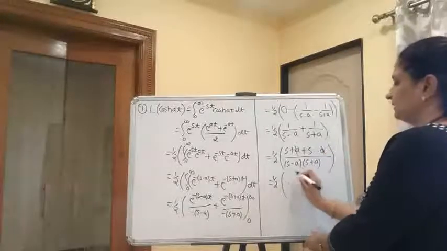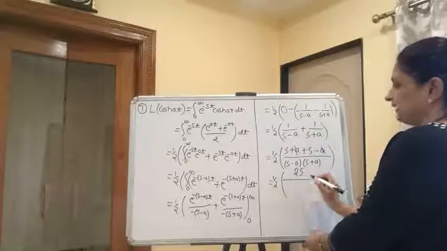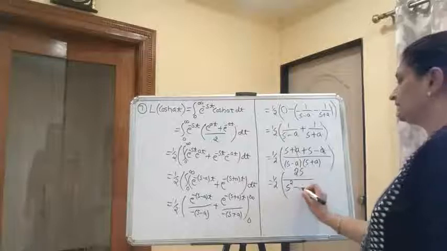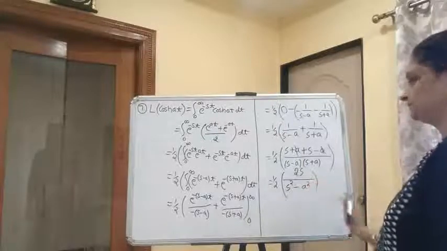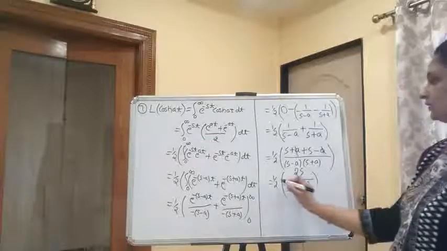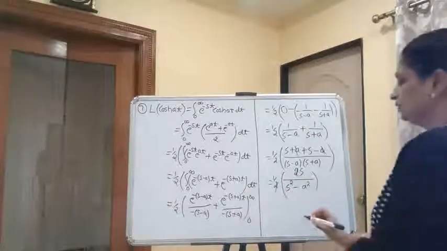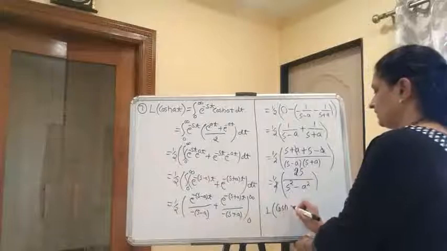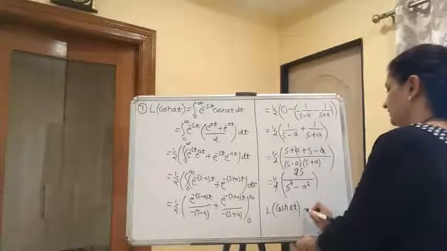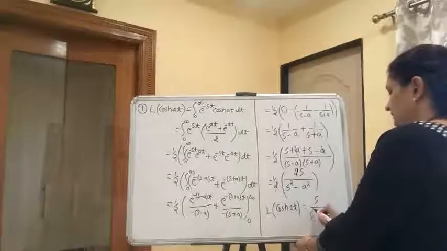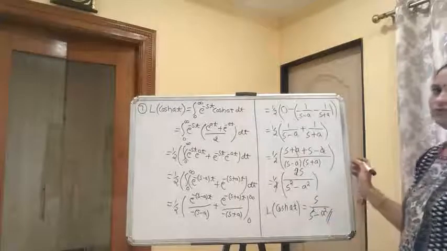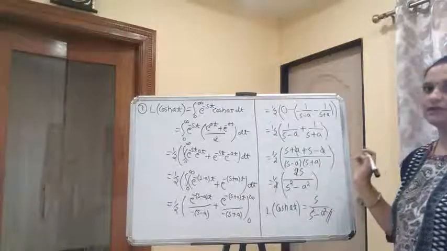What you are left with is 2s by s minus a into s plus a, which is nothing but s square minus a square. So you can cancel out 2 and 2. So finally Laplace transform of cos hyperbolic a into t is s by s square minus a square. That is the formula for Laplace transform of cos hyperbolic a.